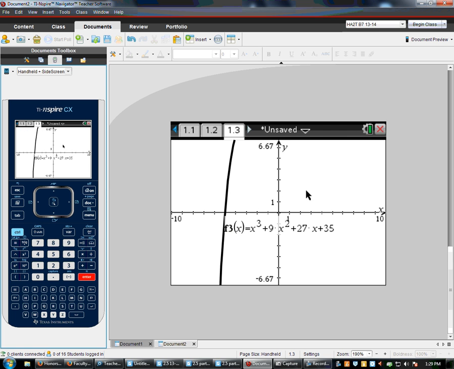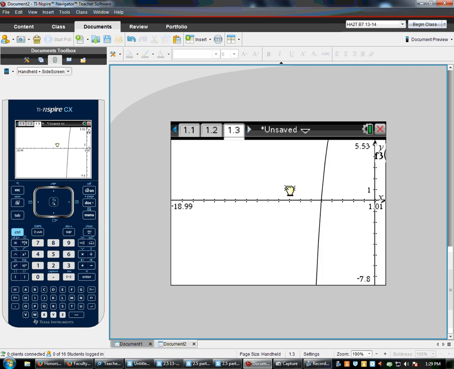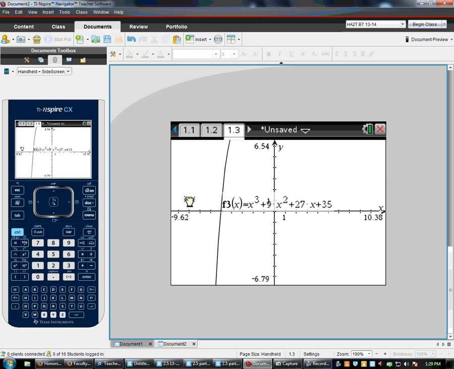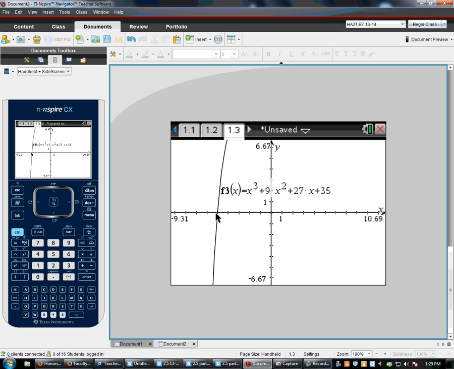All right, there's our graph. Sure enough, it looks like there is 1 zero for the negative zeros. I don't think I see any more over here. And it looks like it might actually be occurring at negative 5. So if I had tried negative 5, I might have been rewarded by getting a 0.